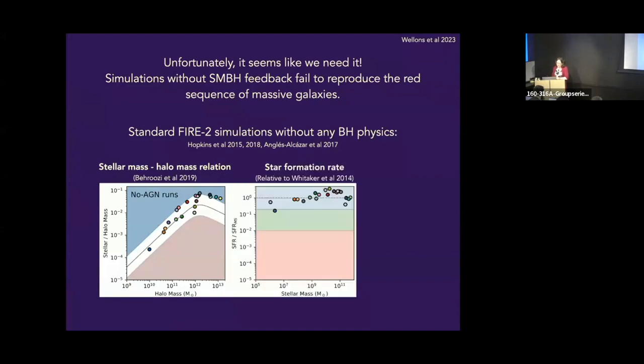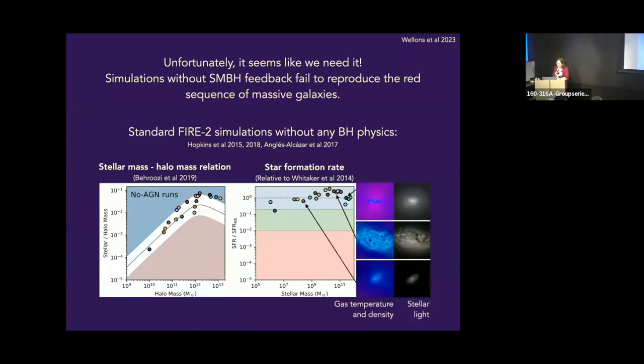And if we look at the star formation rates in the same galaxies, this is the star formation rate at the final snapshot relative to the star forming sequence. You can see that all of the galaxies, regardless of halo mass, are more or less lying along the star forming sequence, including the most massive ones, which we know ought to be quenching.